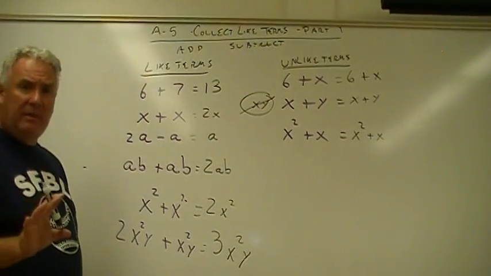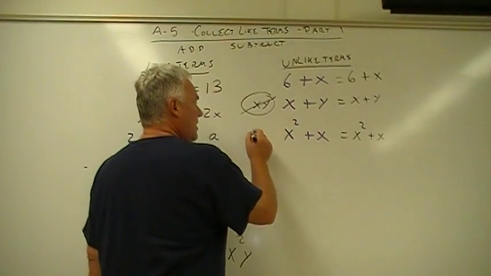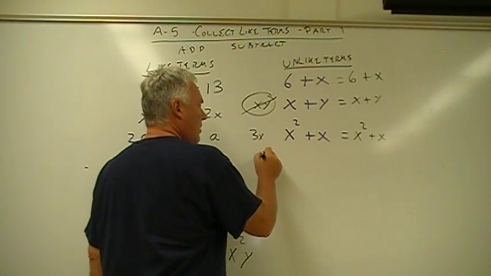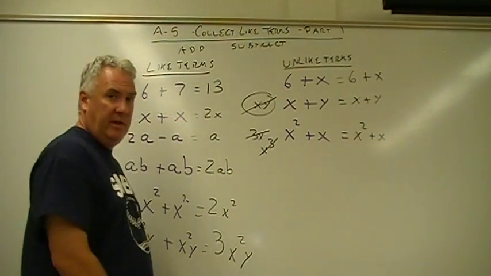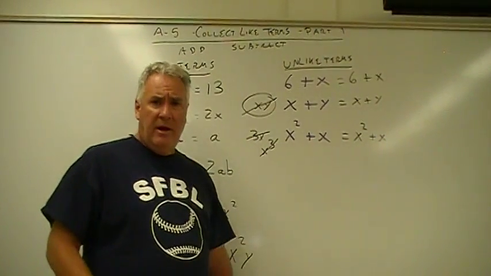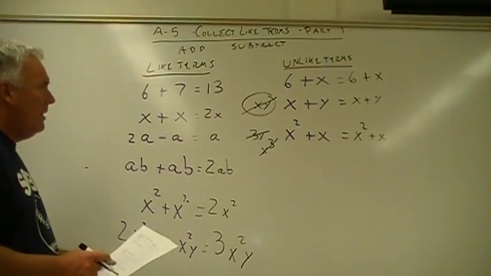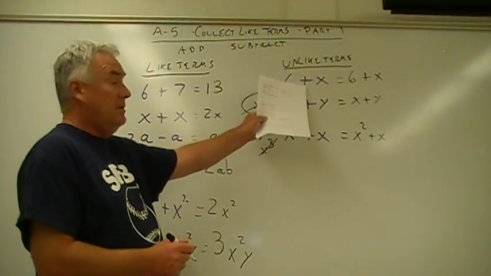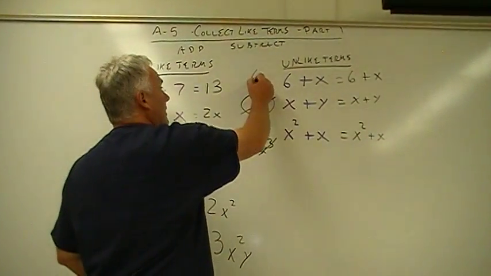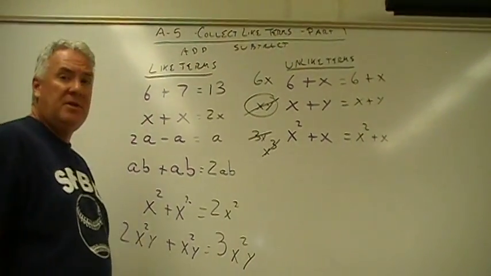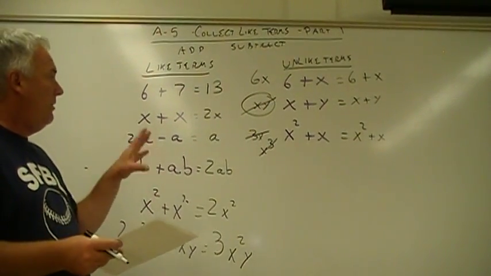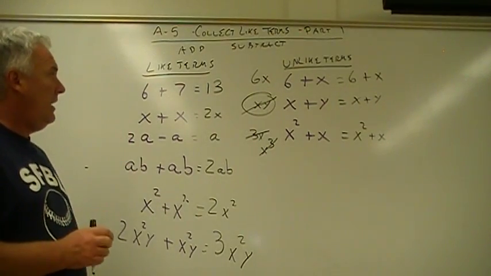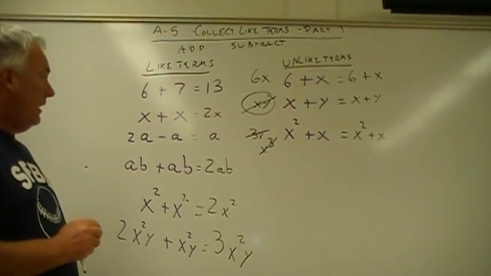That's not math legal. This is not 3x or x to the third. You can't do either of those things. They stay the way they are. And 6 plus x is not 6x. I'm hoping with this video that you're recognizing what is and what isn't like terms.